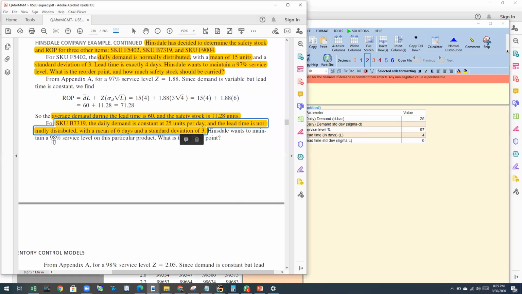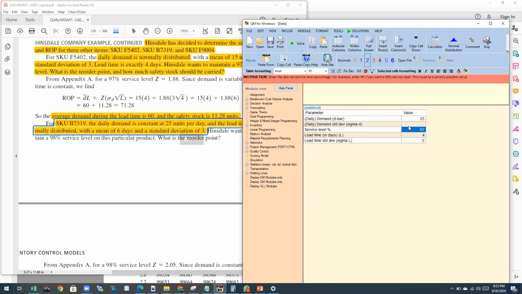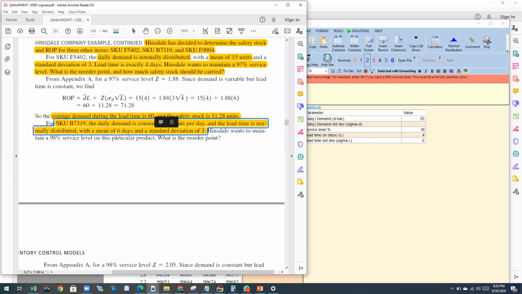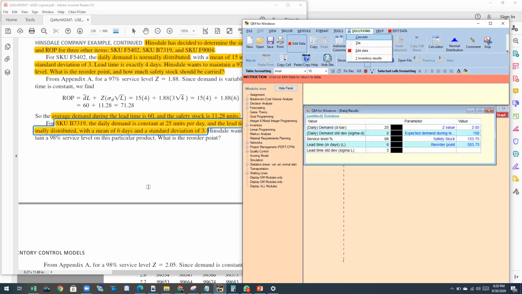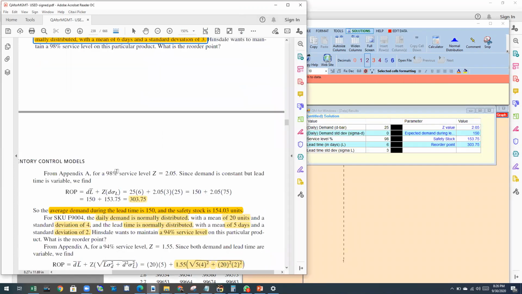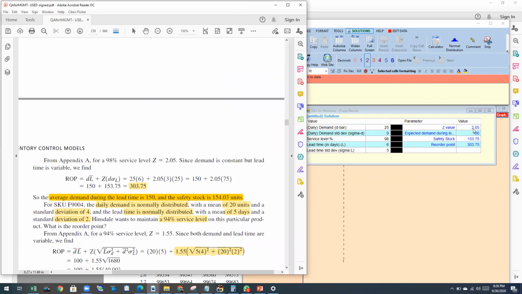The service level wanted is 98%, so we type in 98. And the lead time varies with a mean of 6 days, so the lead time is 6 days, with a standard deviation of 3 days. There you go. See how the difference is? Once we've done that, we click solve, and we find that the Z value is 2.05, which is correct.